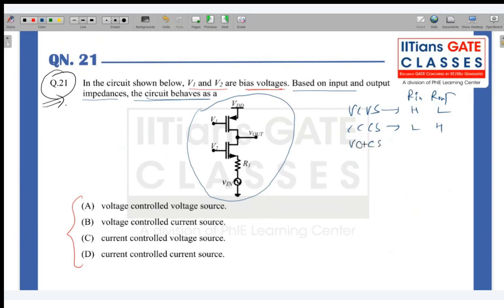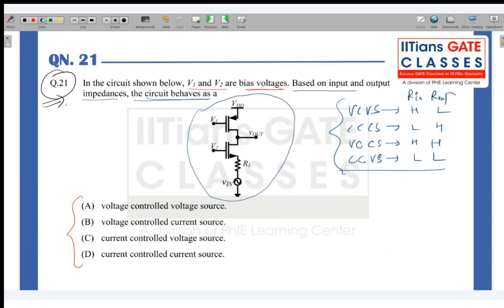So input resistance will be high and output resistance will be high. These kinds of properties I tell in the class. If the input is current, meaning current controlled, and the output is voltage, so we will use a VCVS type, a current controlled voltage source, so it should be low. So these are the four kinds of amplifiers, in fact, four kinds of dependent sources. The major application of dependent sources is to model an amplifier. That you have to keep in mind. Wherever you see dependent sources, you have to recall the amplifier.